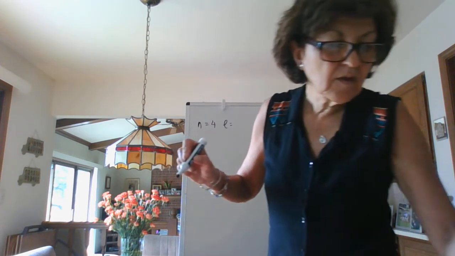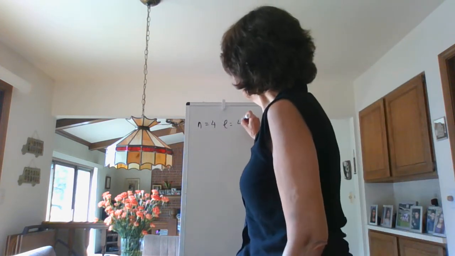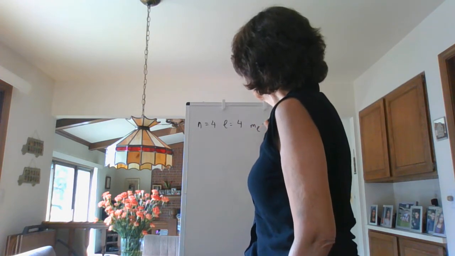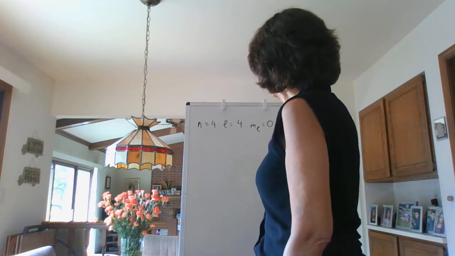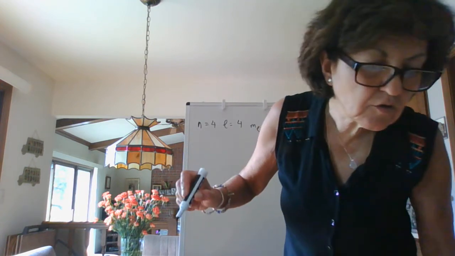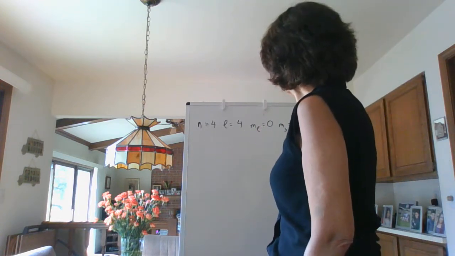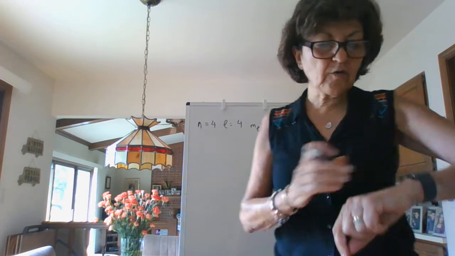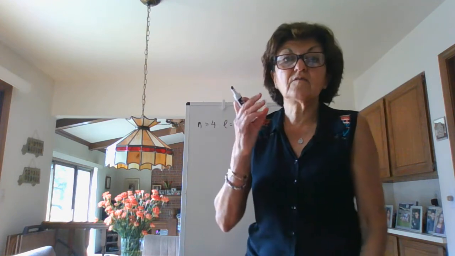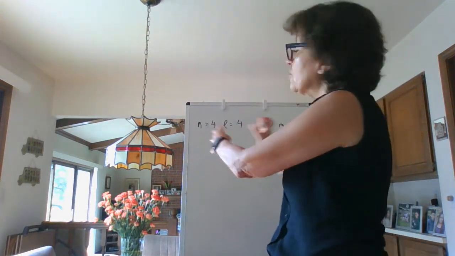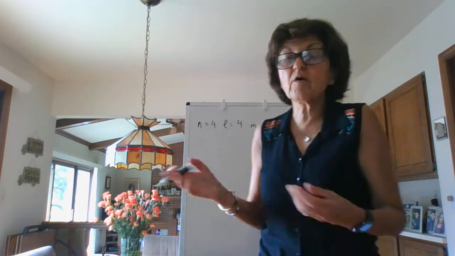L is equal to 4. ML is equal to 0. And MS is equal to plus 1/2. And the question is, are these permissible? Is this an okay set of 4 quantum numbers?